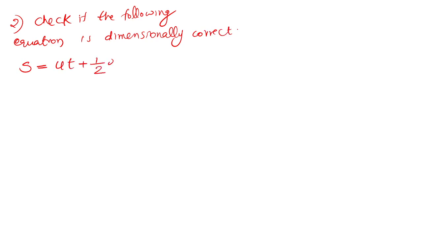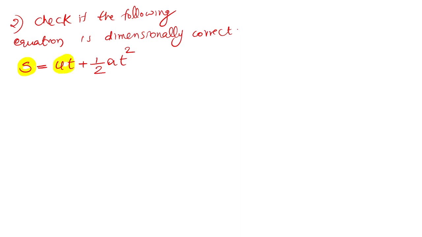You are familiar with this equation. Is it correct? Plus or minus are involved. We have to prove that the dimension of S will be equal to the dimension of ut.